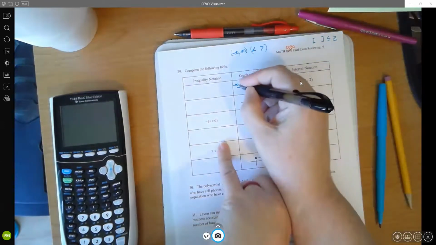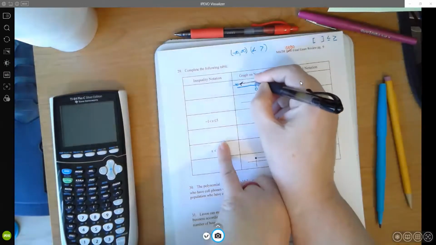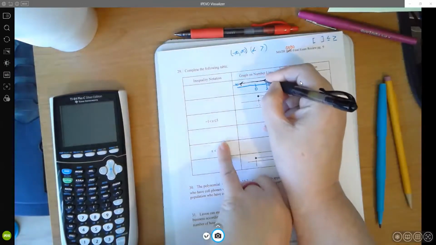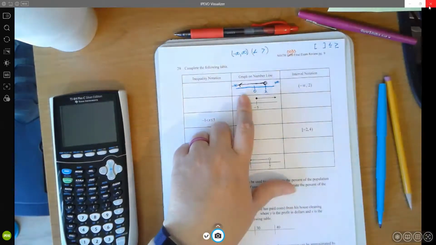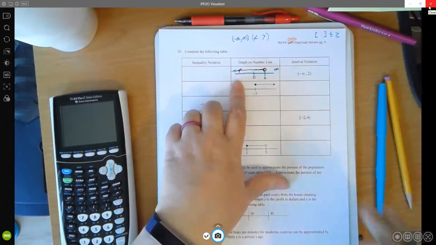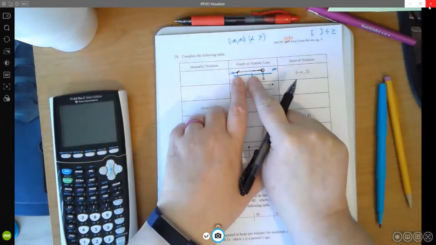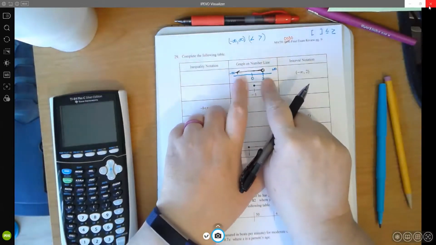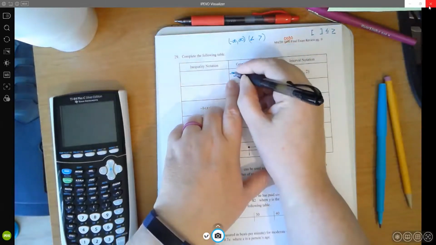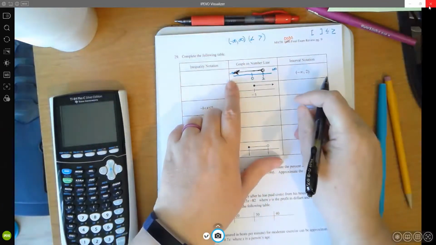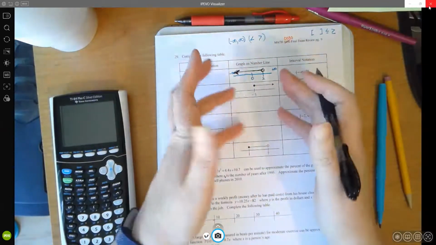I really probably should have started at negative infinity and shaded up to 2, because I read this from left to right. I'm sorry, my mouse is in the middle of the picture and you can't see. So we have negative infinity to 2, and it's an open circle here. This one just continues on, so I'll just draw an arrow in that direction. So what does this translate to?